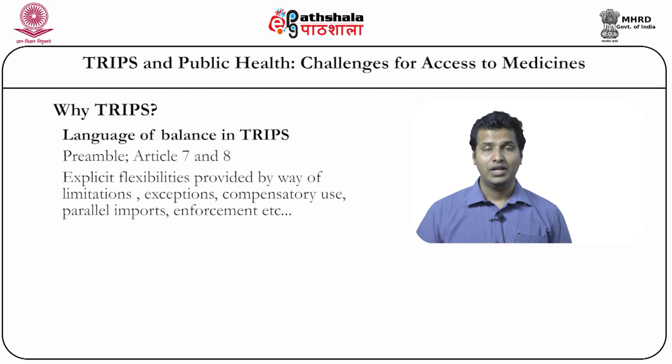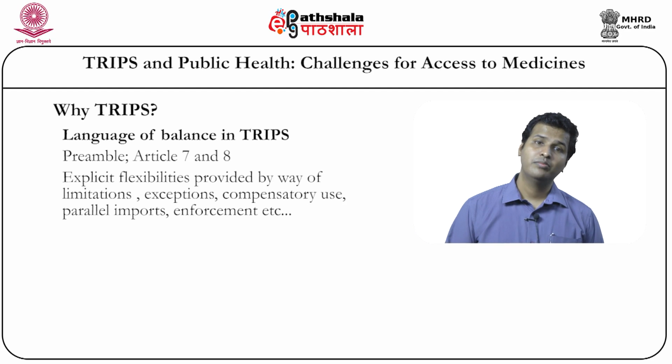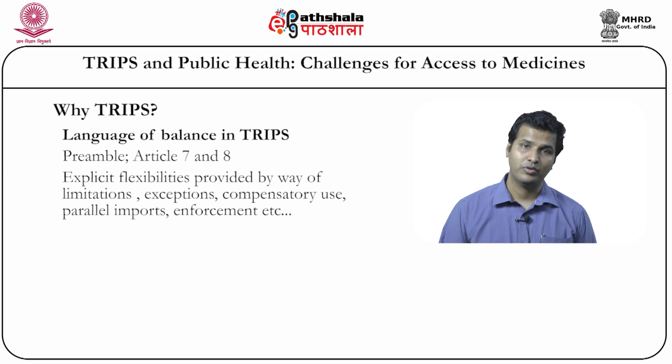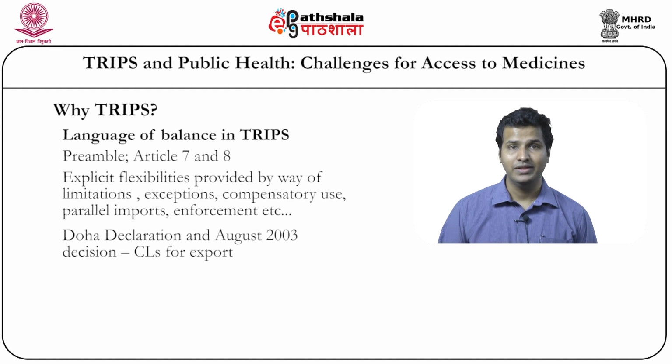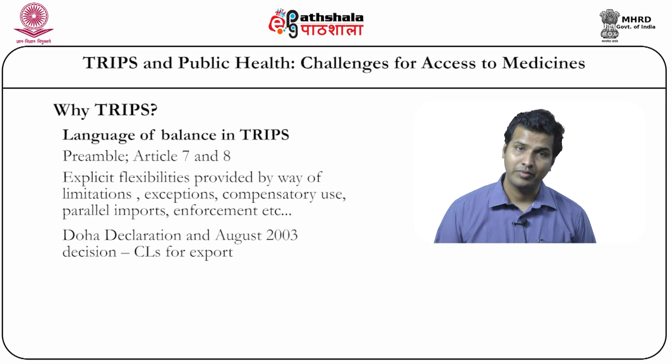TRIPS also allows countries the freedom to determine the principles of exhaustion of intellectual property rights, either national exhaustion or international exhaustion. TRIPS also has what is called the August 2003 decision, post the Doha Declaration on Public Health, wherein a compulsory license meant for export purposes can be granted.